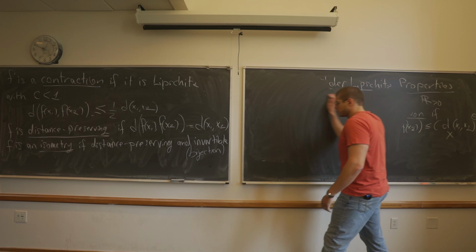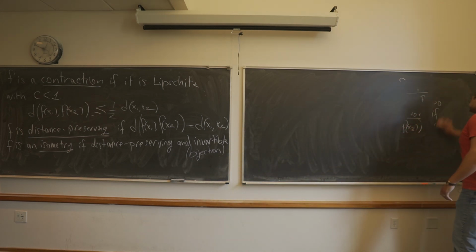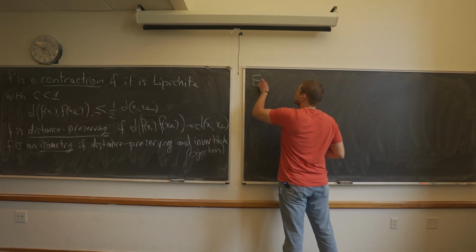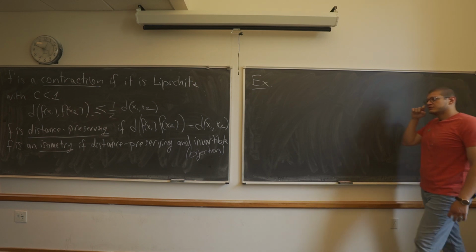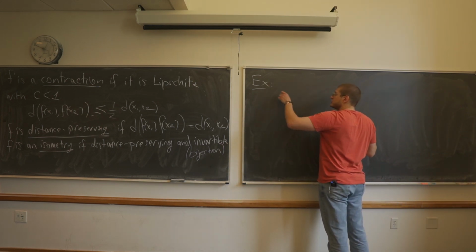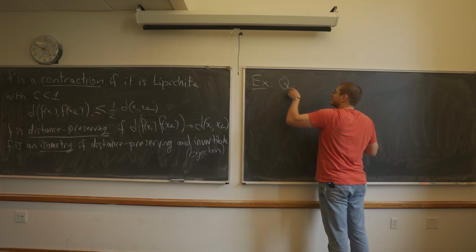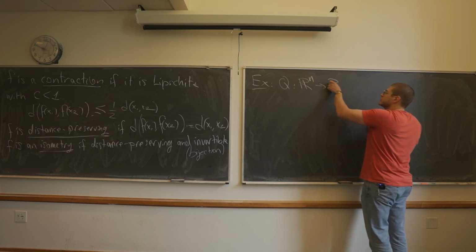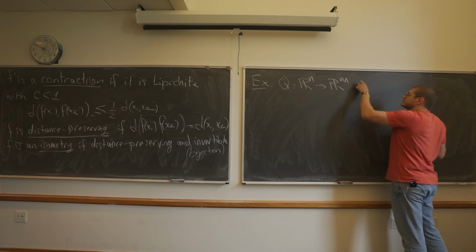Let's say that I have 2 Euclidean spaces, with the standard Euclidean distance, what is called the L2 norm, what we called last time. So let's say that I have here Q, a function from Rn to Rm, an isometry.